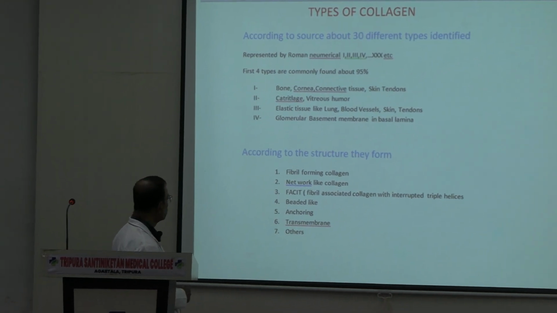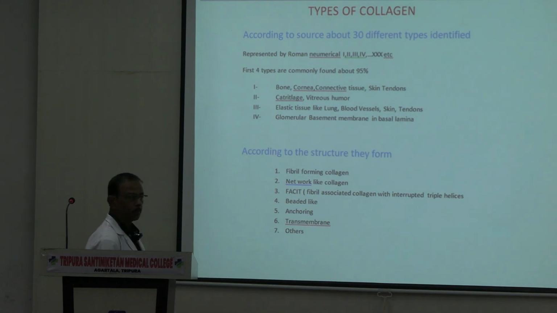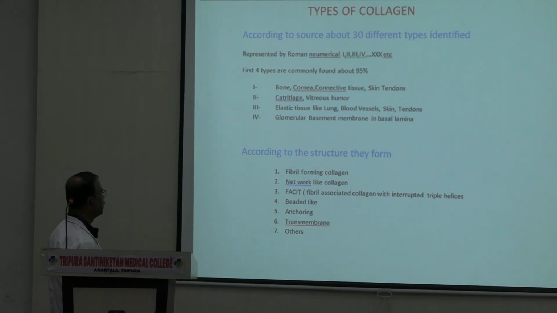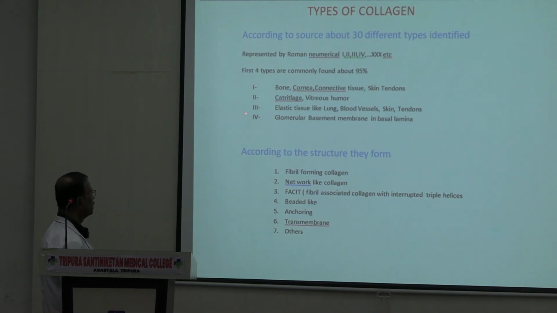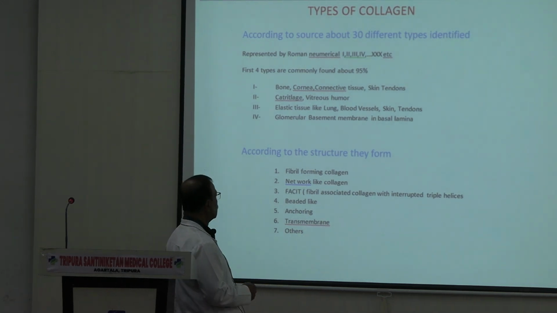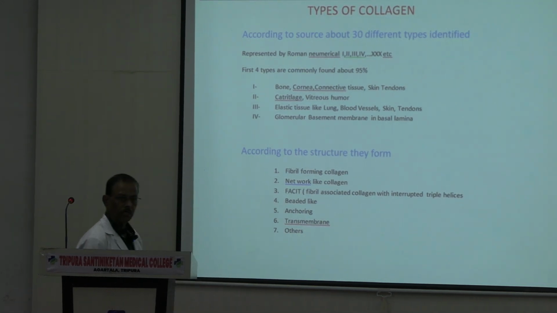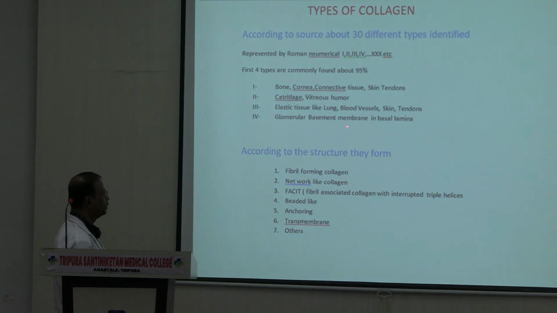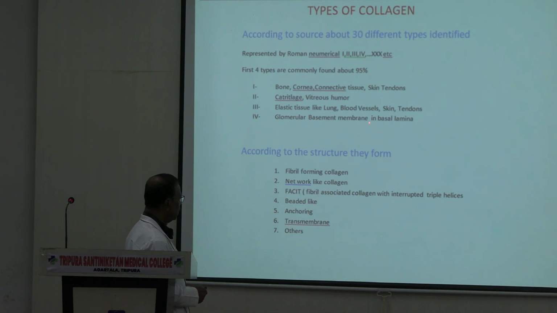Collagen type 2 is present in cartilage, vitreous humor. Collagen 3 is in elastic tissue of lung, blood vessel, skin, tendon. Collagen 4 is in the glomerular basement membrane, in basal lamina.